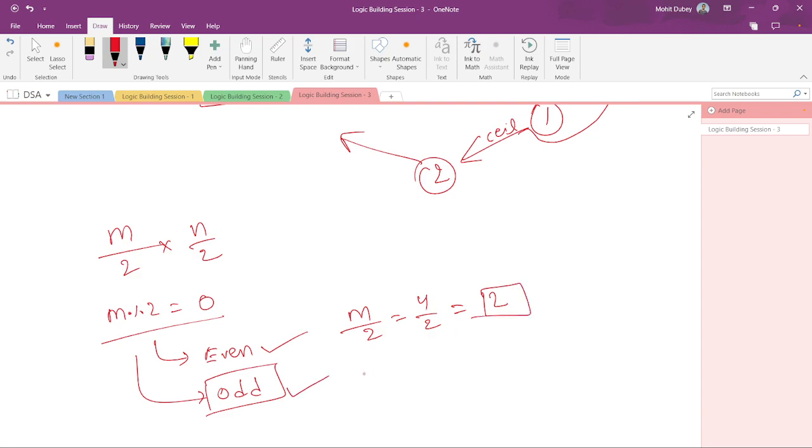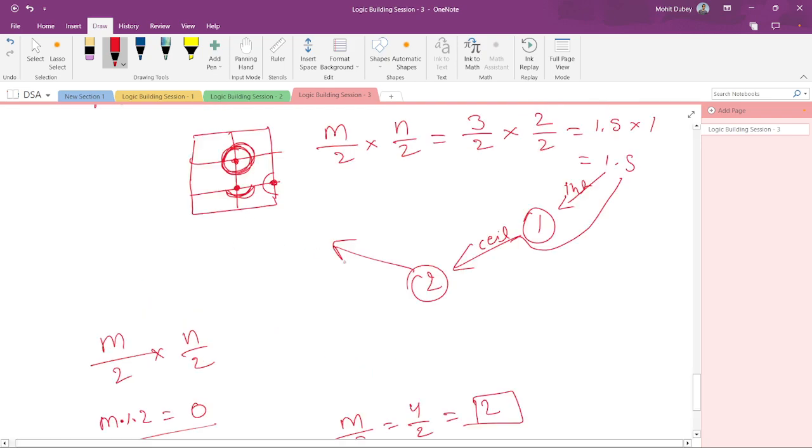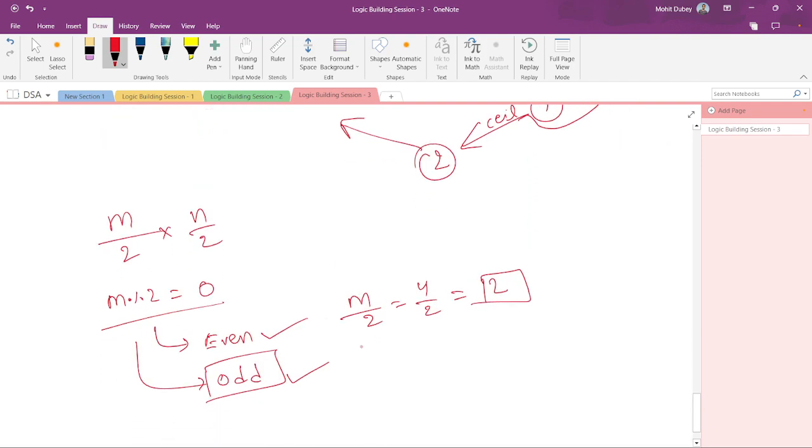But if it is odd, let's say in this case it was 3, we'll go for 3 by 2, which is 1.5. But if we add one value, that is plus 1, we should be getting 4 by 2 equals 2.